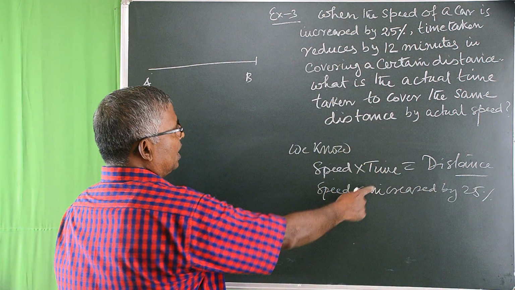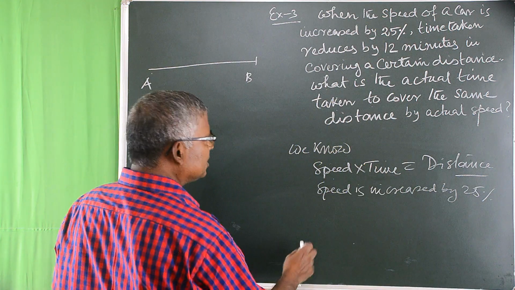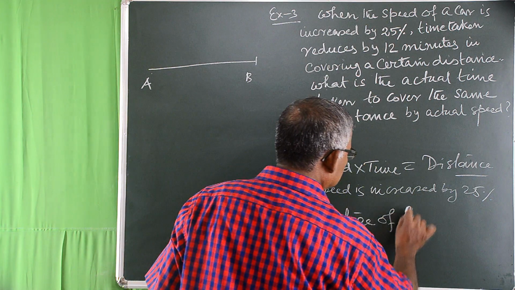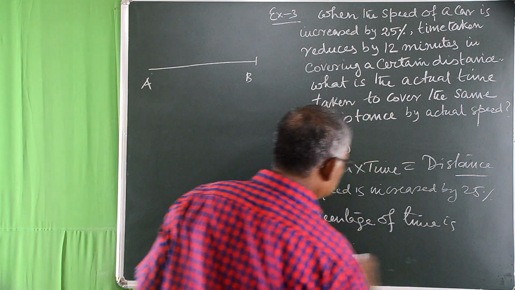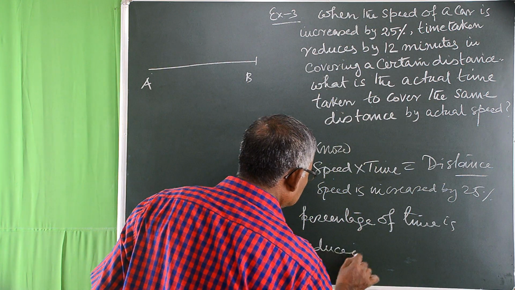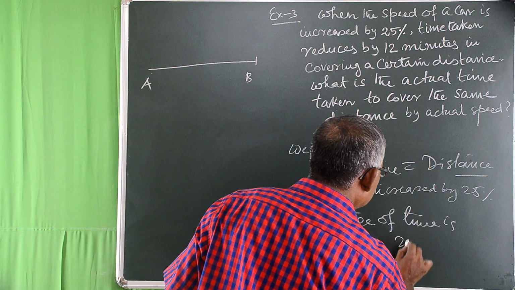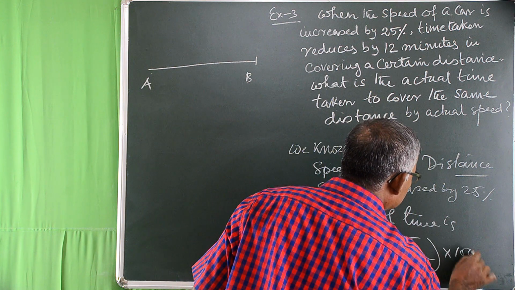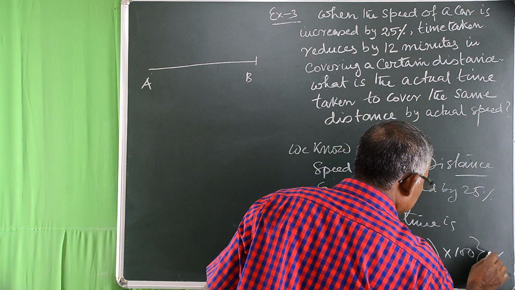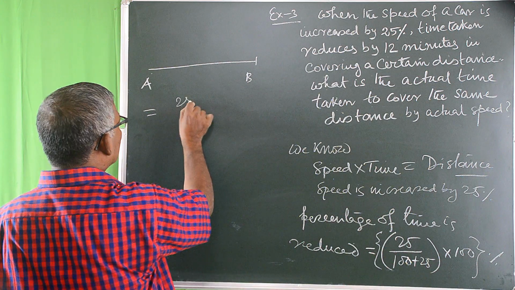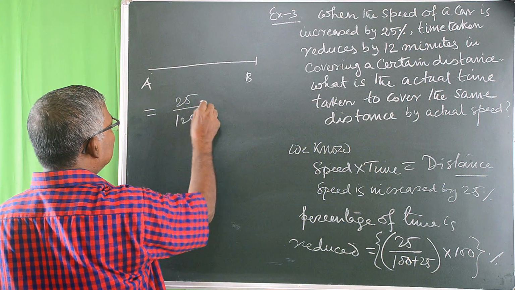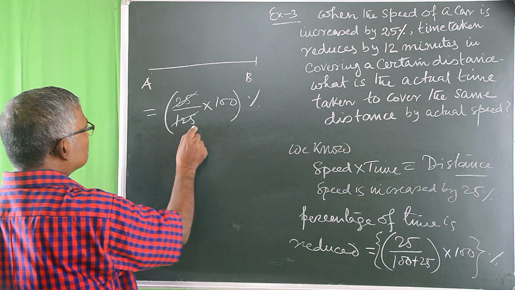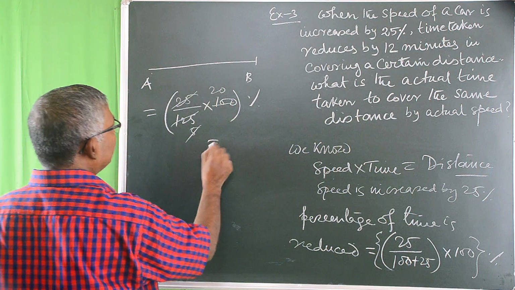So, percentage of time reduced is equal to 25 by 100 plus 25 into 100% equal to 25 by 125 into 100%. So it is 20%.